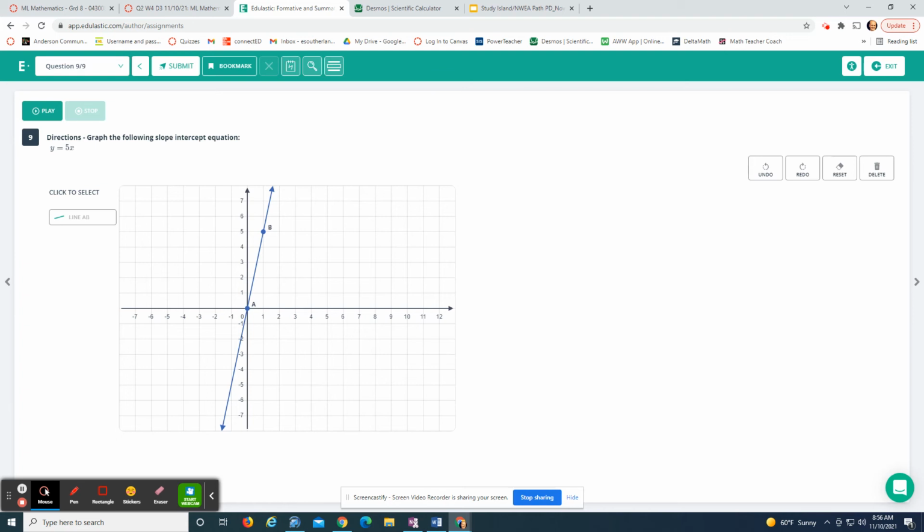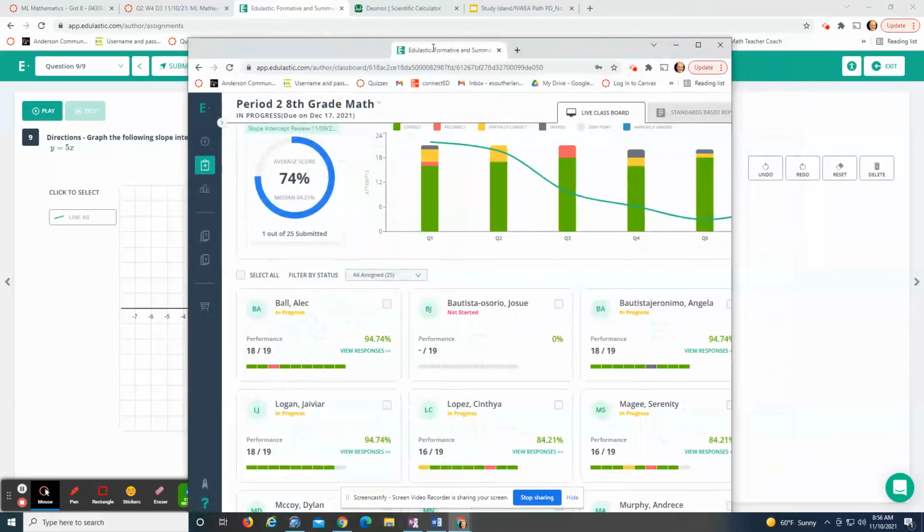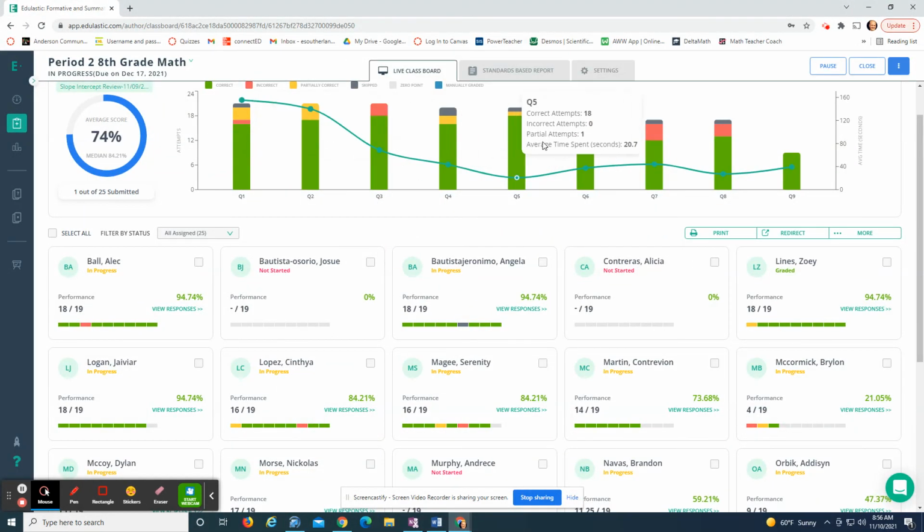And so when I look at this, I can see a live view of, okay, even though I gave the answers to some of these, some people still didn't change them. Can you see if I got any wrong?